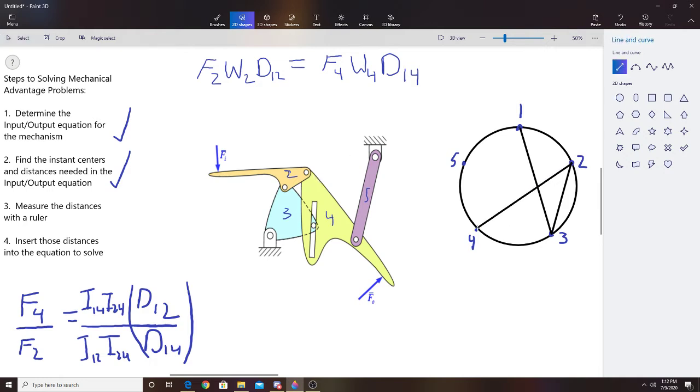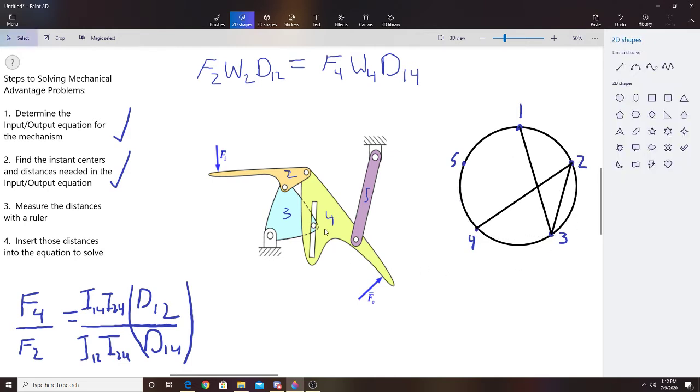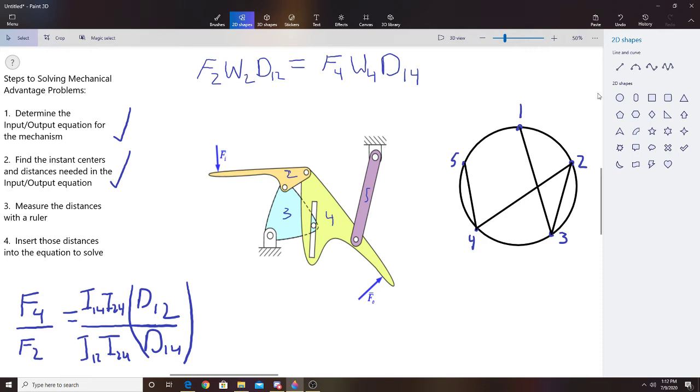So we could do that. I45 is this one right here. I51 is that revolute point right there. And then there is one more, which is I34, which is that slider, or this roll slip through the middle.